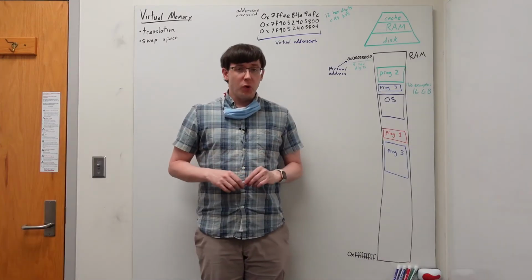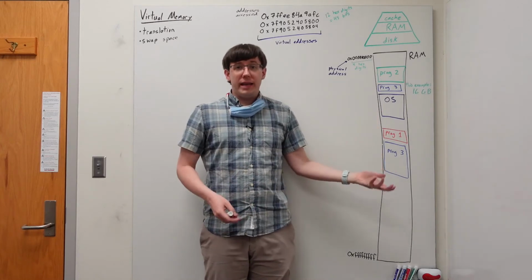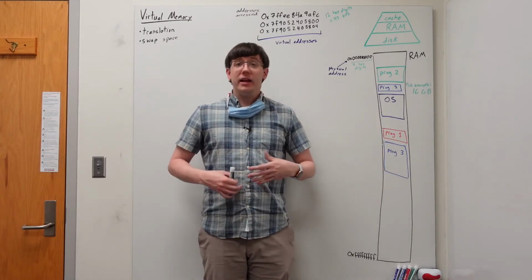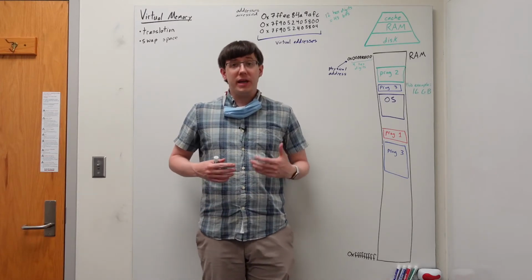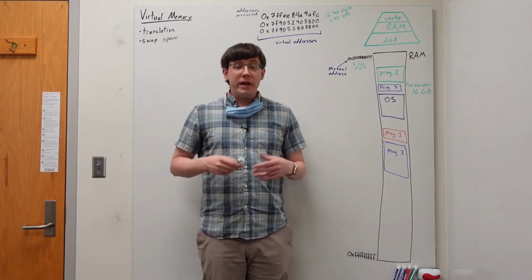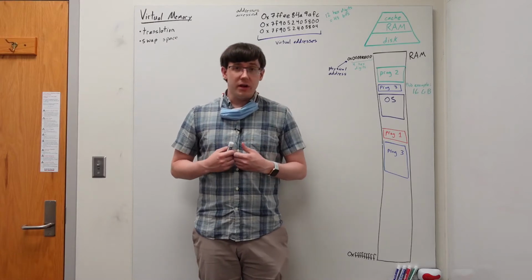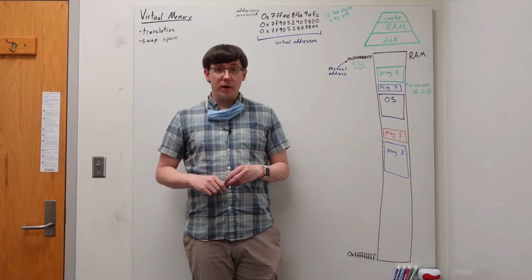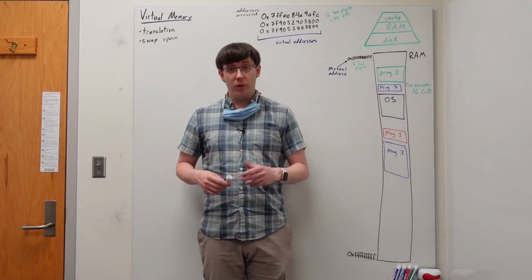So when we run a program, the operating system decides what memory to allocate to that program, and if the program requests more memory, then the operating system can allocate additional memory to it. So for example, when you call malloc in a C program, this will often result in a request to the operating system to allocate an additional chunk of memory for your program.